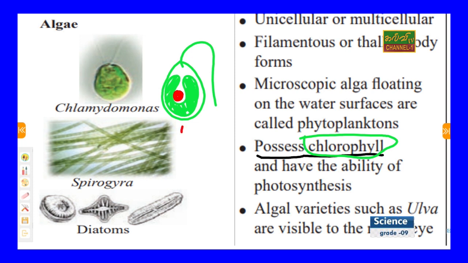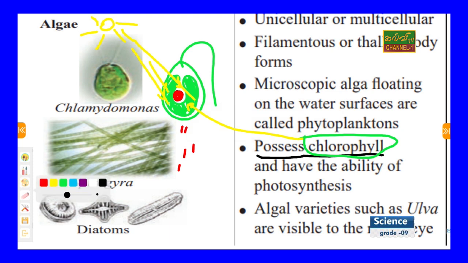So it can move itself. What happens? In front of sunlight, it can produce food, because of the chlorophyll. The chlorophyll is here. Where is the chlorophyll? The chlorophyll is green color.